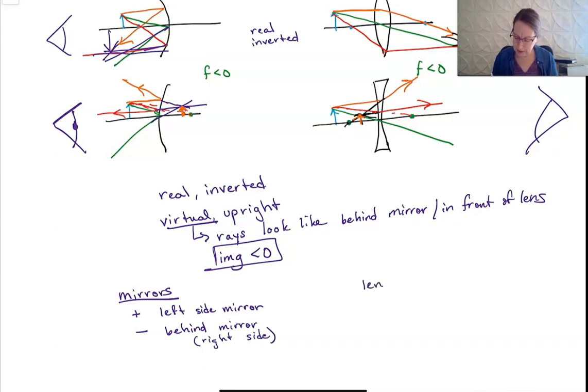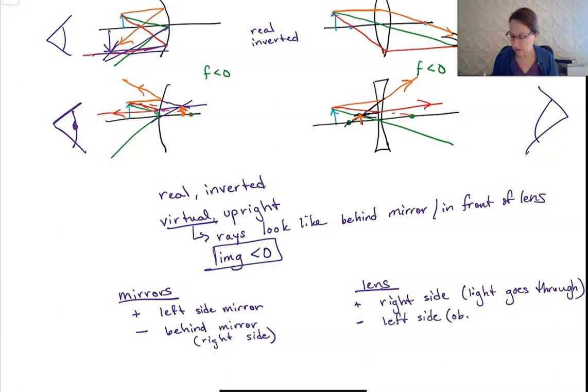For a lens, our sign convention is that we have a positive if we're on the right-hand side, where the light is going through. Goes through, sort of the natural side, if you will, for the lens. And negative if it's back on the left-hand side, or the object side, if you will. And that gives us our sign convention for all of these.